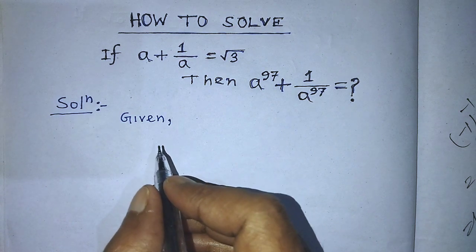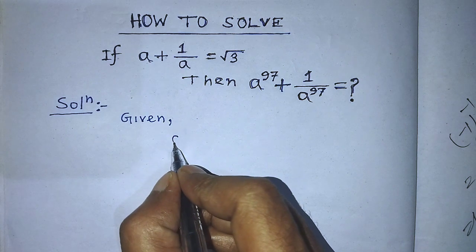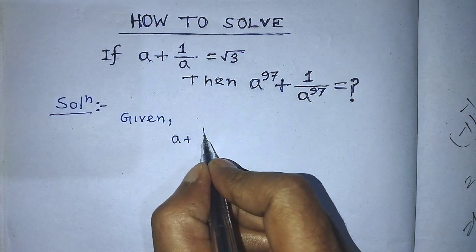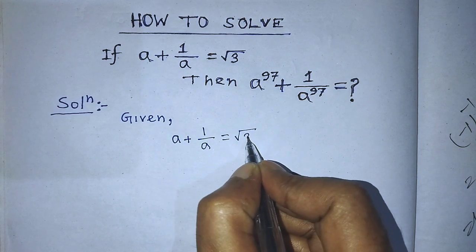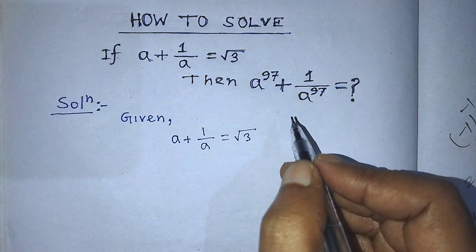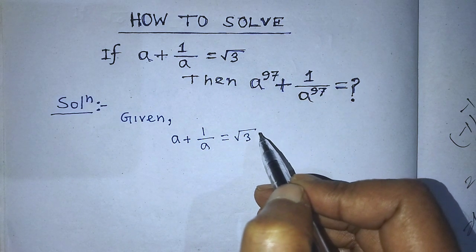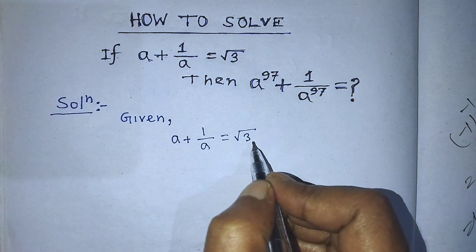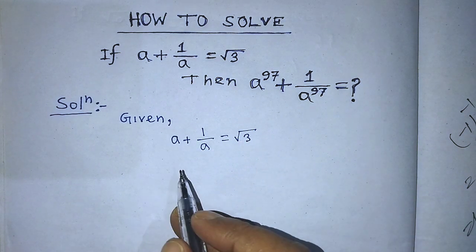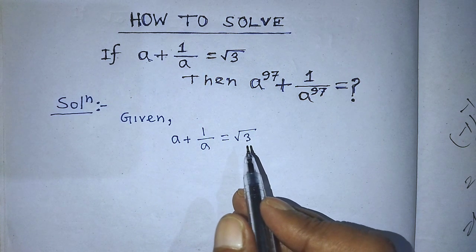So my dear student, our given algebraic equation is a plus 1 over a is equal to root 3. To find the value of this algebraic expression from the given equation, first of all we have to square the left hand side and right hand side of this equation.